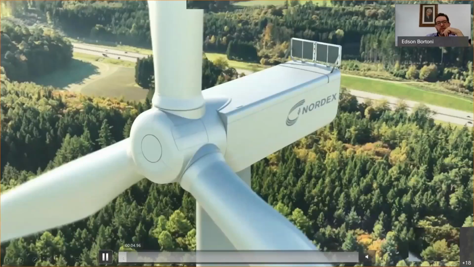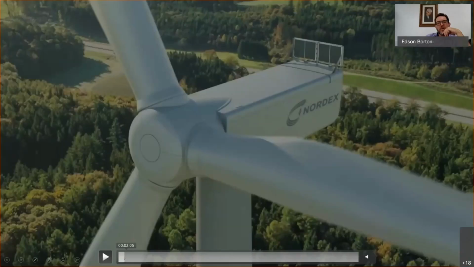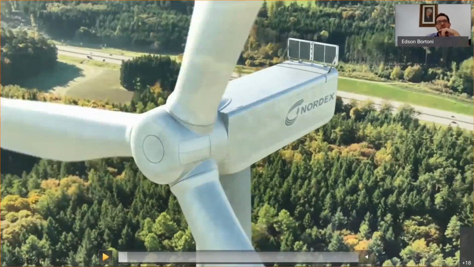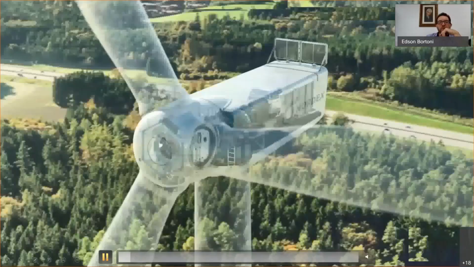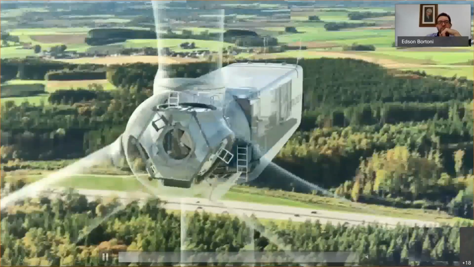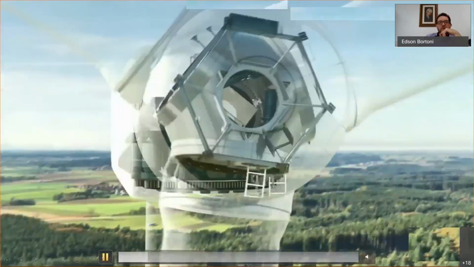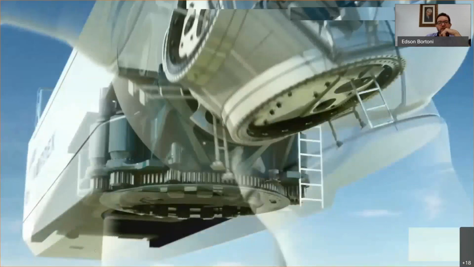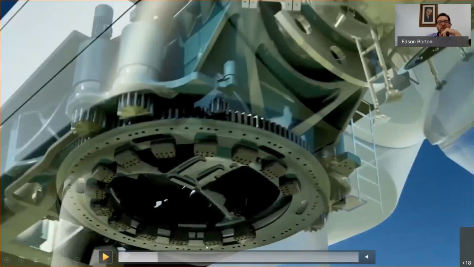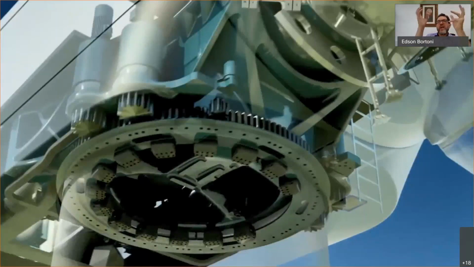You have here this Nordex generator. They made a very nice moving animation. You have here those motors to move the entire, what you call the nacelle.